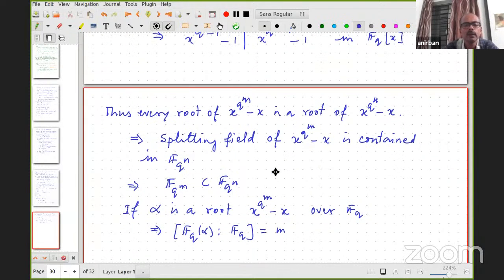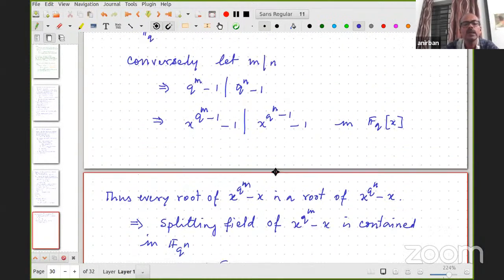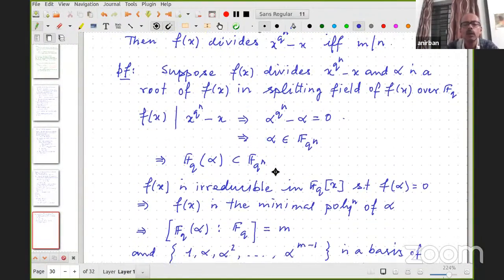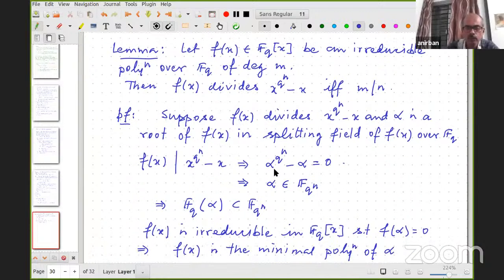One second. No, this is slightly wrong, I'm just making a mistake. What we want to prove now is that this f(x), this irreducible polynomial of degree m, divides this. So we started with the fact that m divides n.